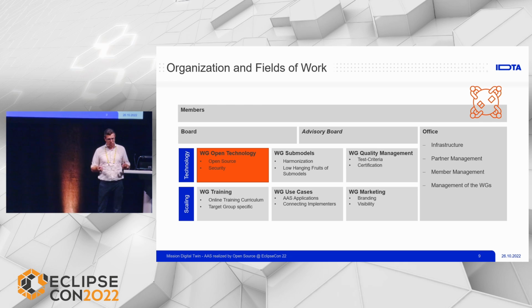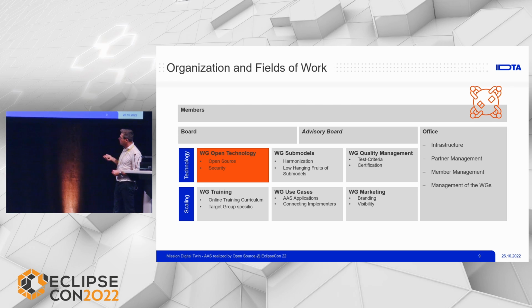The focus of this working group is the open source technology for the asset administration shell and also the security topic. But we also have working groups like the submodels of a digital twin and the harmonization of the different submodels we are running, the quality management of the implementation of a digital twin and of submodels, and the certification.